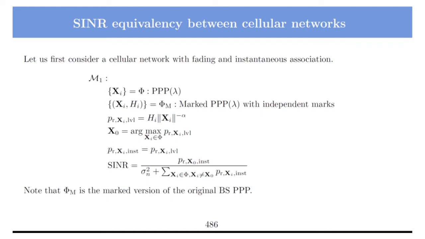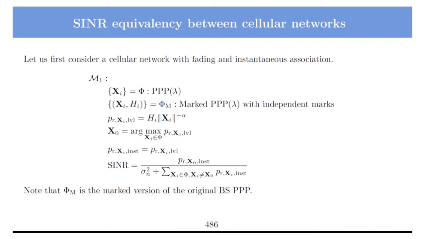So I define Φ as {Xi}, which denotes the base station locations, a PPP with density lambda. I also consider the marked PPP, which has Xi and Hi for each i, and Hi is nothing but the fading to the typical user. This is just the marked version of Φ. Here Xi also denotes the base station location.